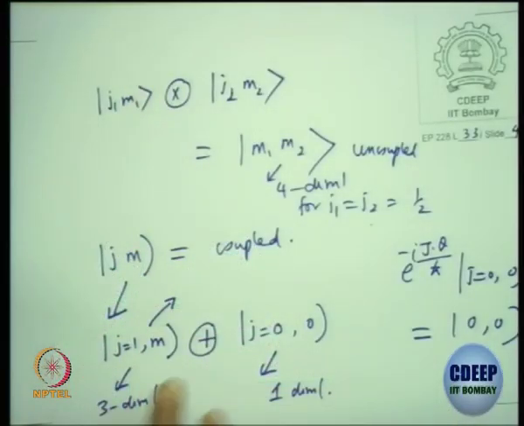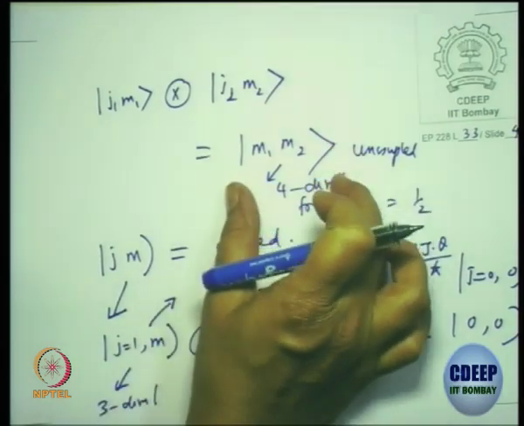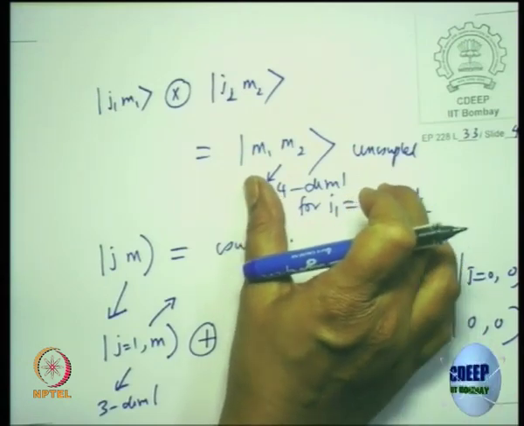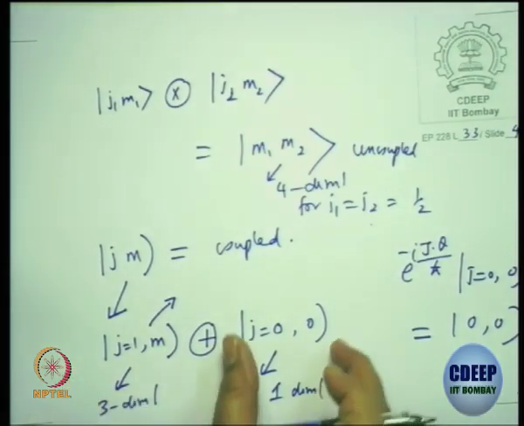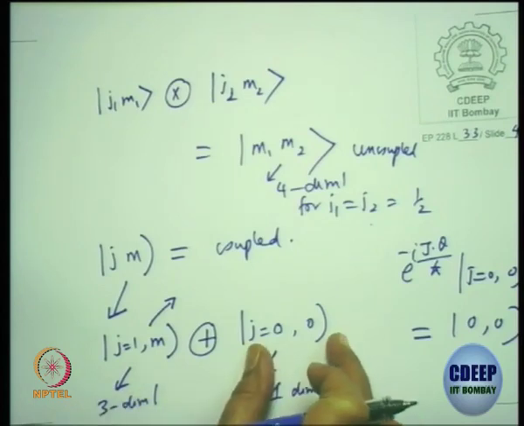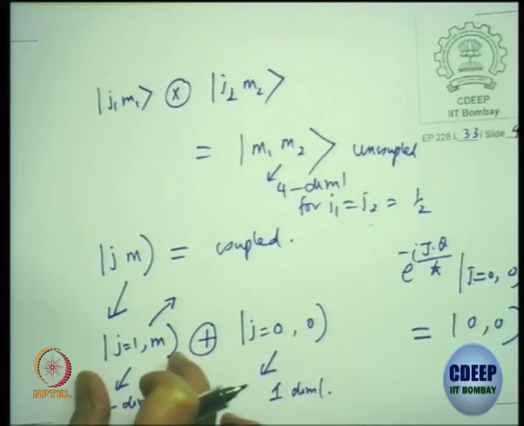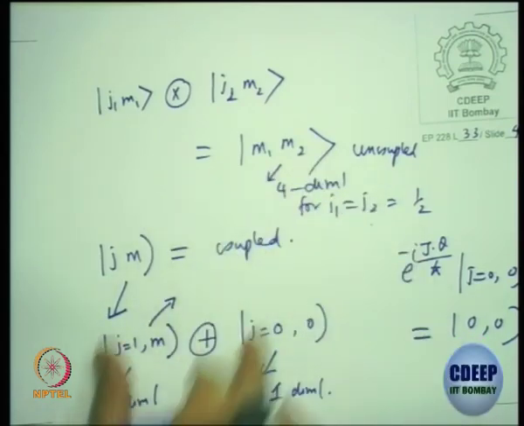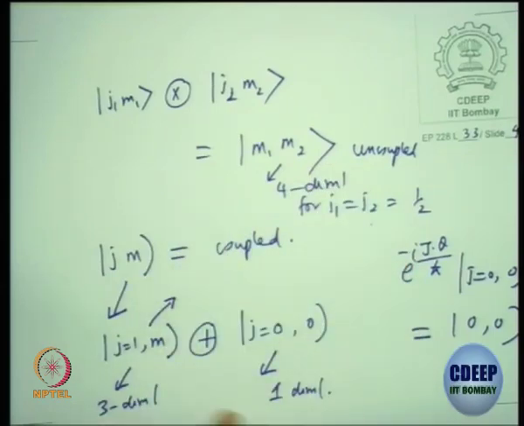So you can see that a total 4-dimensional representation in the uncoupled basis can be resolved, having some specific properties under rotation: a state which is invariant under rotation, and another state which is behaving like a vector under rotations, 3 components. So this resolution is what we did by the CG coefficients. Remember, we did the CG coefficient where we did this resolution.